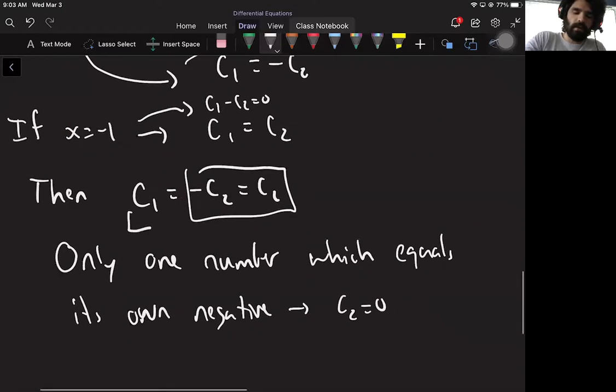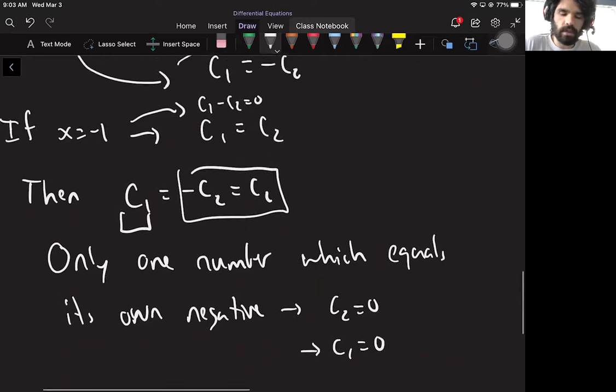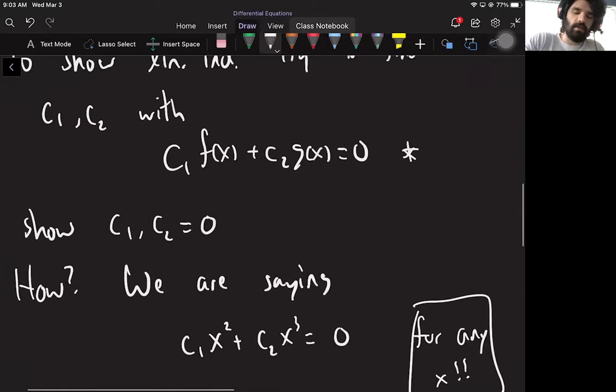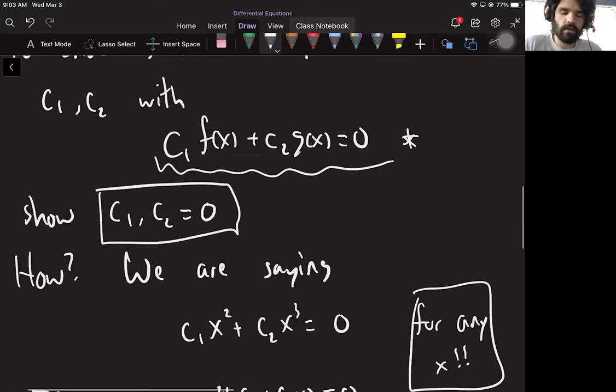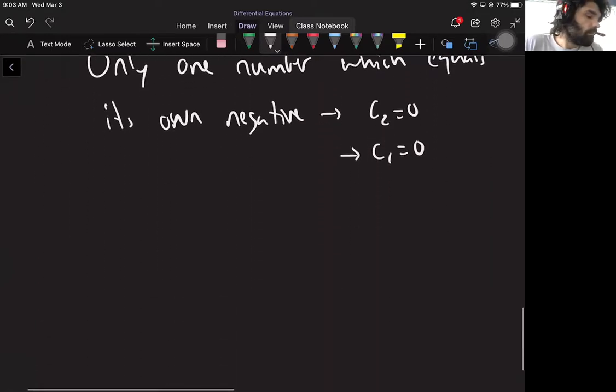But then now I know C1 equals C2, so C1 equals 0 too. So I've shown independence because I've shown that the only way to make 0 is if both constants are 0. There's no other sneaky way to do it. So they're independent. Okay.